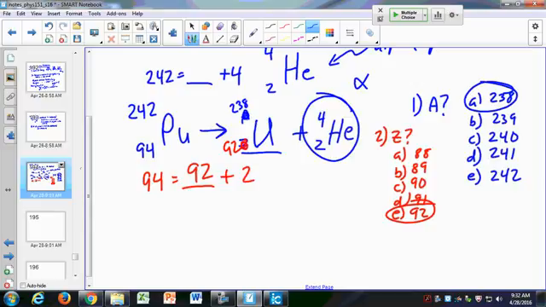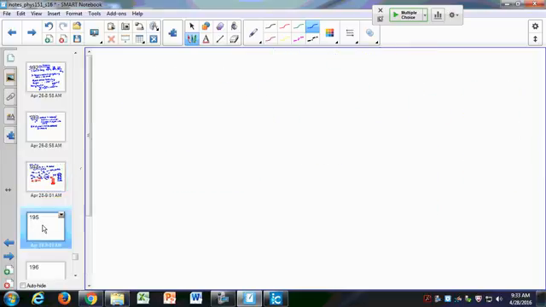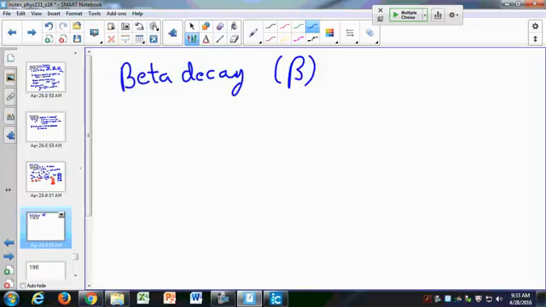All right. Beta decay is a little more complicated because you have 3 different types of beta decay that are all similar but a little bit different. Beta decay is often used with the Greek letter beta, so I'll just write it out as beta. You have beta minus, beta plus, and electron capture.